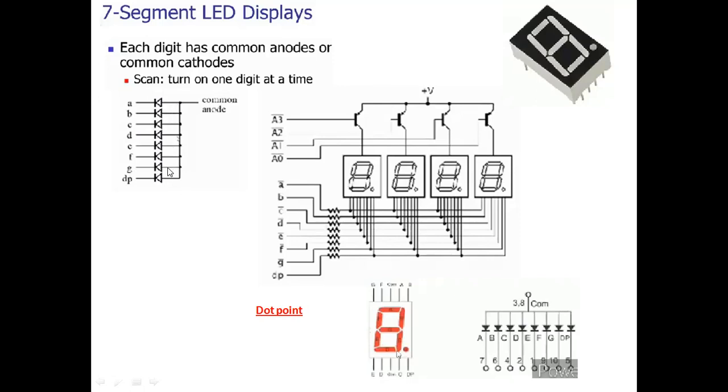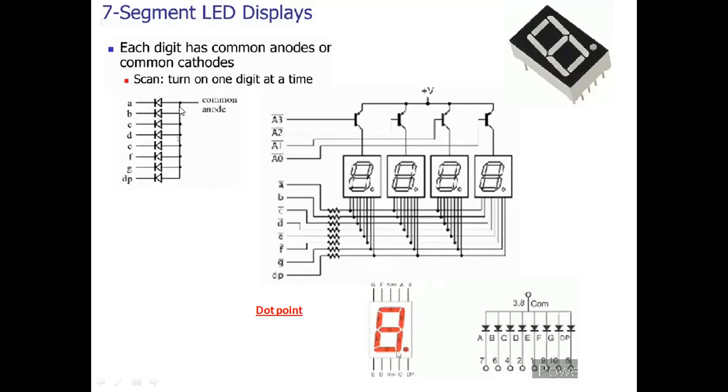So all the anodes are shorted and given to the plus VCC. Here each digit has a common anode or common cathode. So we can go for the common anode configuration, or we can go for the common cathode configuration. The circuit shown here is of common anode type.